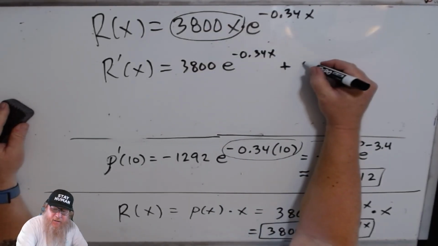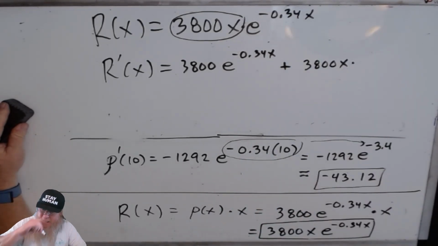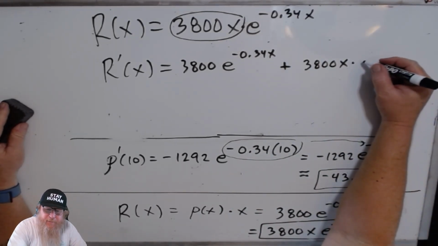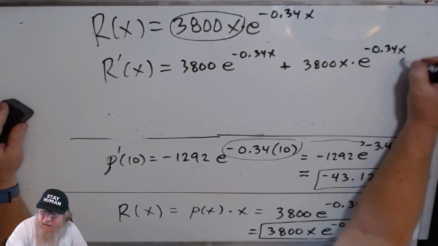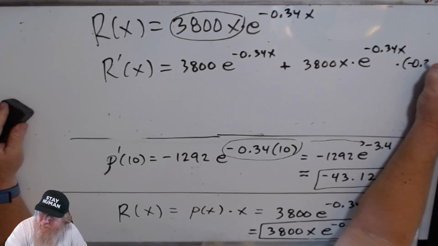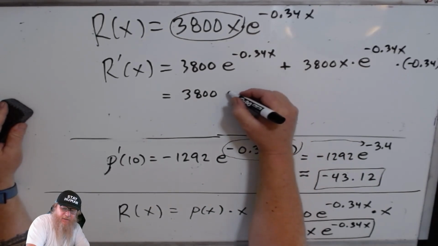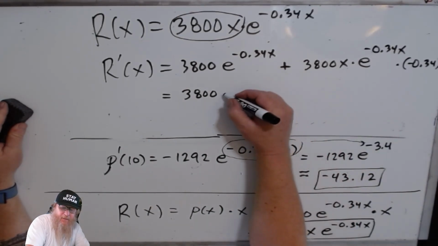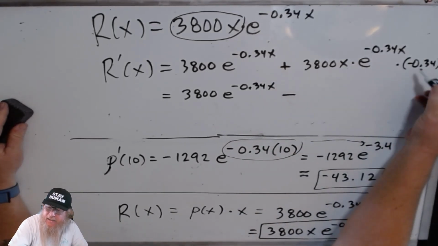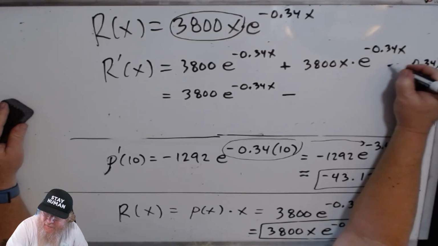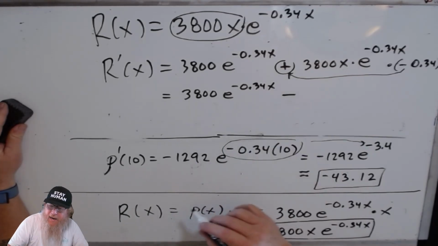plus the first factor times the derivative of the second factor. But we already know the derivative of the second factor. It's e to the negative 0.34x times negative 0.34. So it's 3,800 e to the negative 0.34x minus, you see how this negative is going to change this positive to a negative.